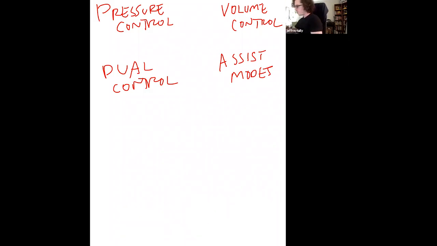So kind of working backward, assist modes highlight an important concept here, which is that if I intubate you and put you on a ventilator and do not paralyze you, your body will still attempt to perform negative pressure ventilation while I have you hooked up to a positive pressure ventilator.